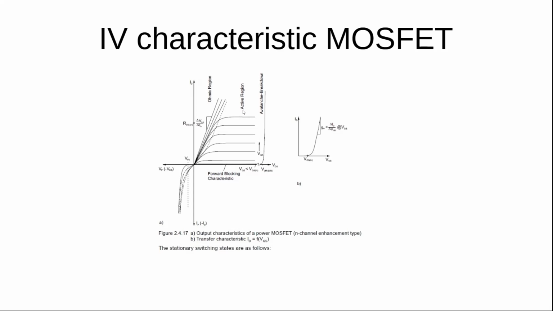We don't want to operate in the active region out here, because then you'll have a large VDS and a large current. The combination of that means we'll have a lot of power being dissipated. So when it's on, we want the VDS to be a small value. So we want to operate in this region.